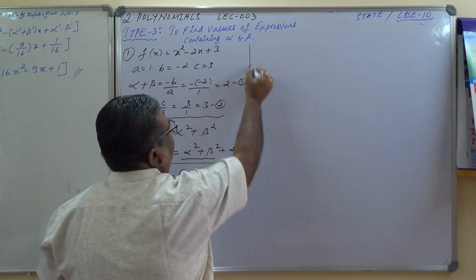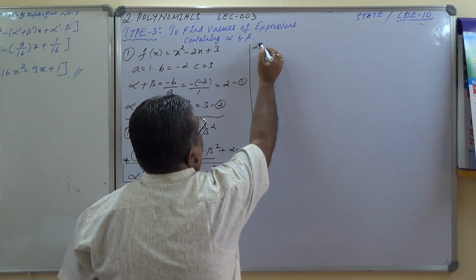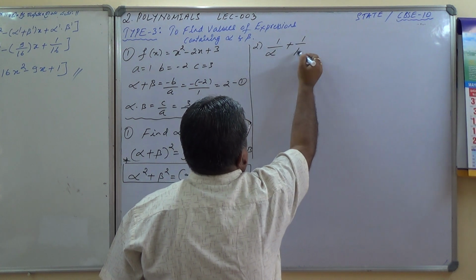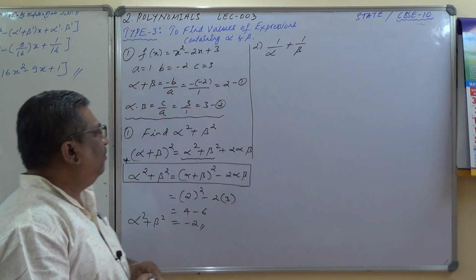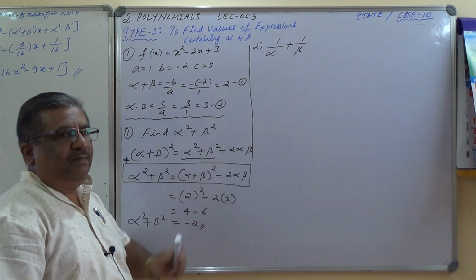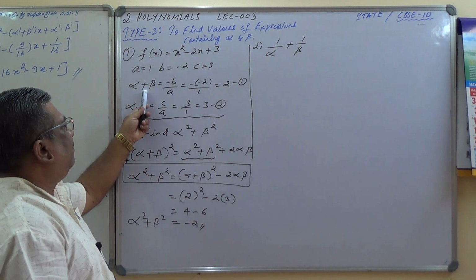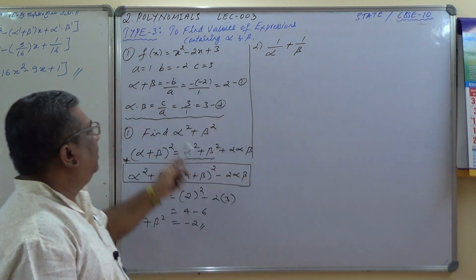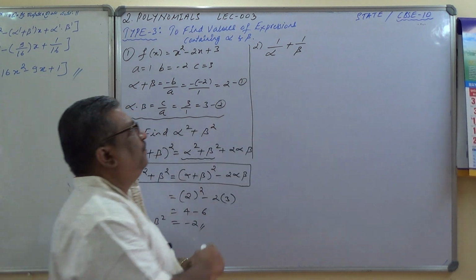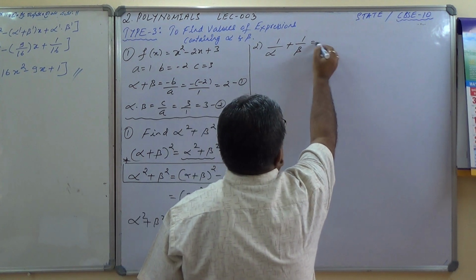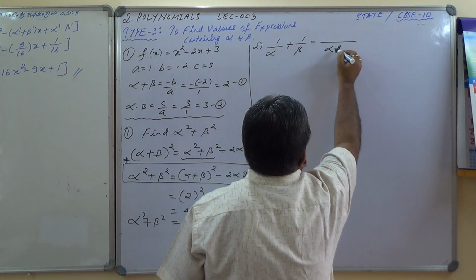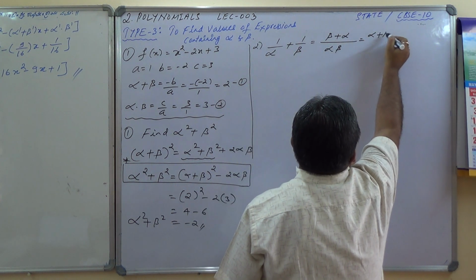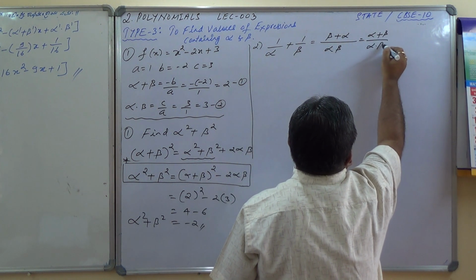Second question. Find 1 by alpha plus 1 by beta. Do you know the values of alpha and beta? No. I know the sum of zeros and product of zeros. Express this in terms of sum of zeros and product of zeros, which equals, see here, beta plus alpha over alpha into beta, which is alpha plus beta divided by alpha into beta.